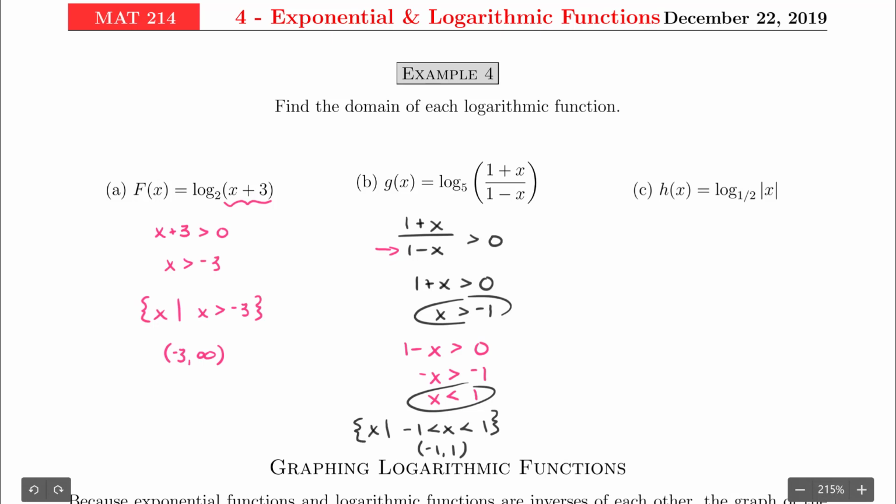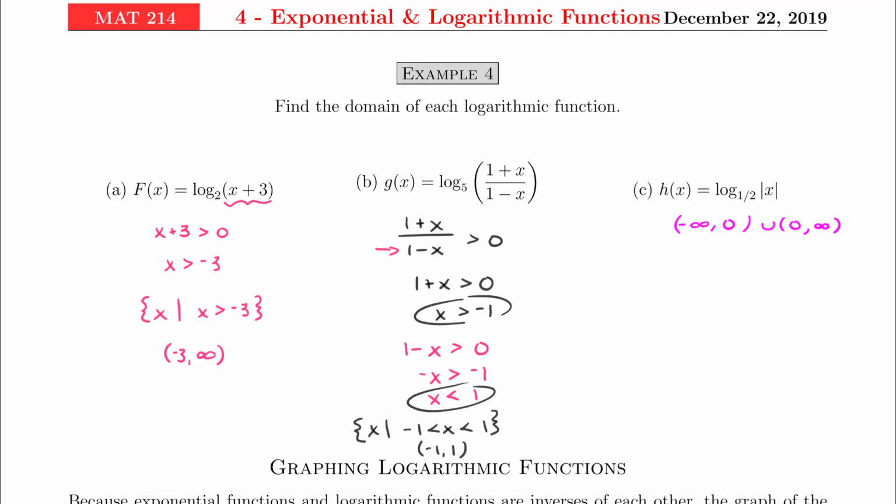And then for part C, absolute value is always going to be greater than 0 unless x itself happens to be 0. So 0 is the only value that we cannot include. So we can have -infinity to 0, then 0 to +infinity, because any other value for x, what we're taking the log of in this case, will always be positive.